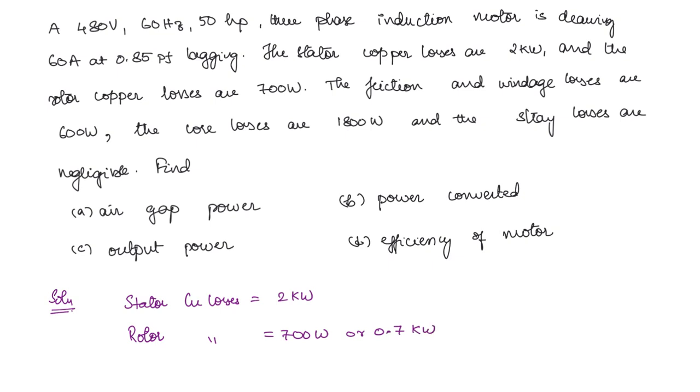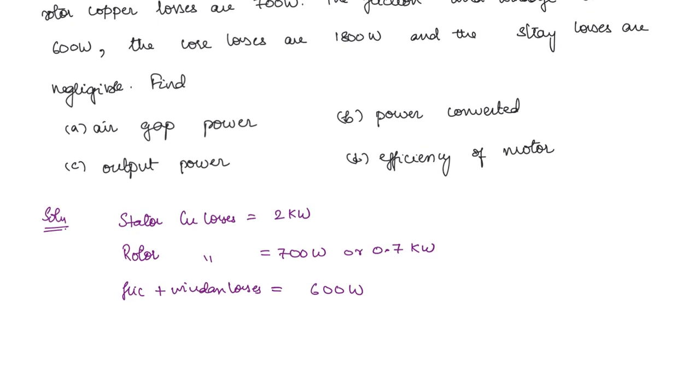Then friction plus windage losses is given as 600 watts. Finally, core losses. This is given as 1800 watts or 1.8 kilowatt. This also you can write in kilowatt. Also, in addition, the stray losses you can take as 0 because it is given as negligible.